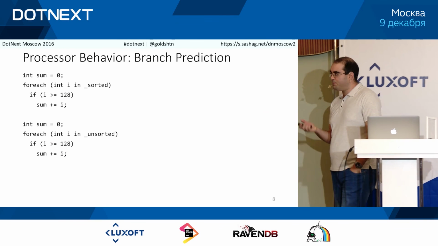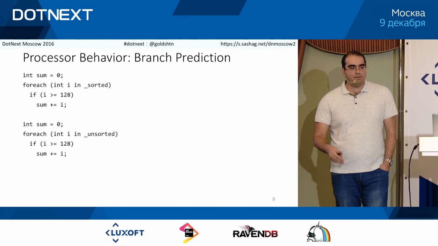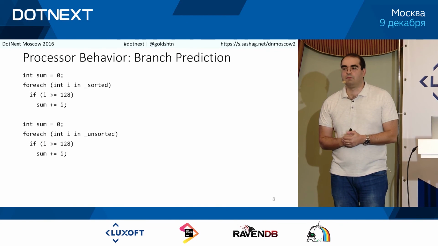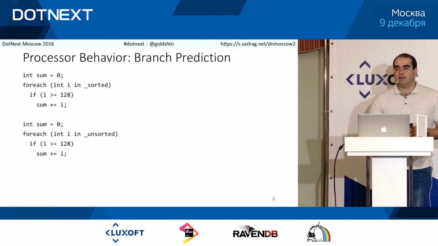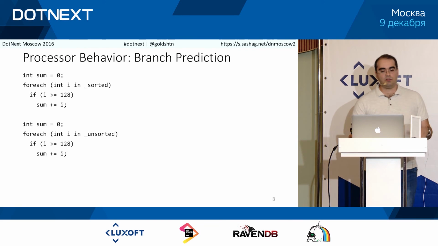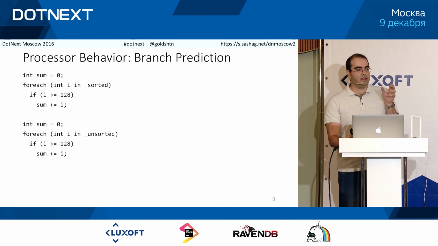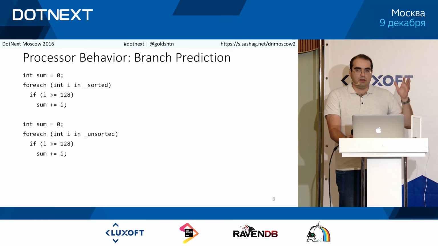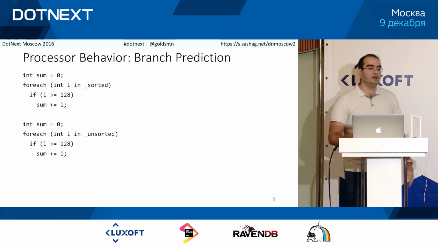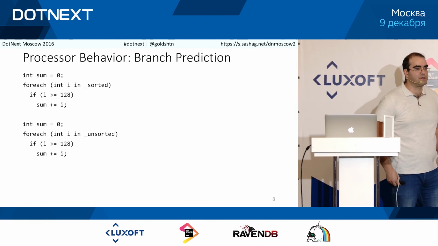And here's the example. I wrote it in C# and then I benchmarked it using benchmark.net, of course. What it basically does, it takes an array, it goes over all the elements, and the ones that are greater than 128, it will sum. The ones that are not, it will just ignore. And then there's 2 loops, essentially.